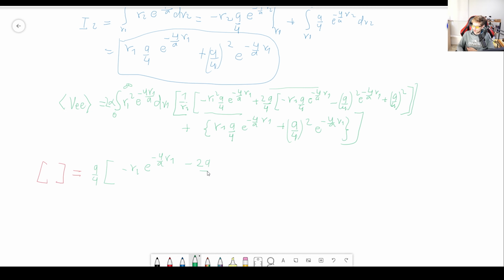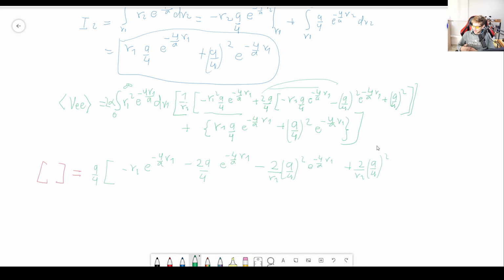So we get a over 4 e to the minus 4 over a R1. Now we multiply the next one: minus again 2 times a over 4 squared, and now I have to divide by R1, and e to the minus 4a over R1. And in this final term, I'm going to get plus 2 times a over 4 squared, and I have to divide by R1 again.